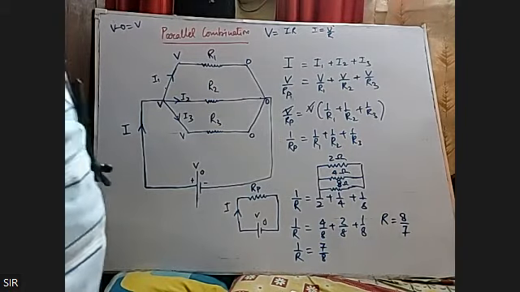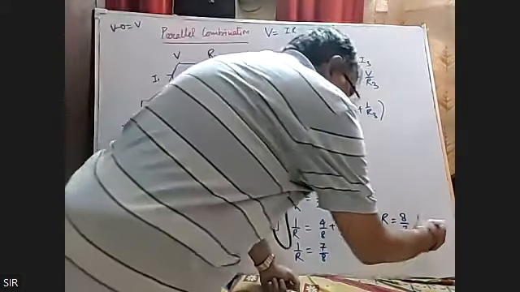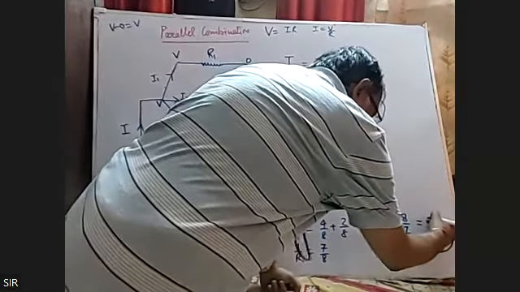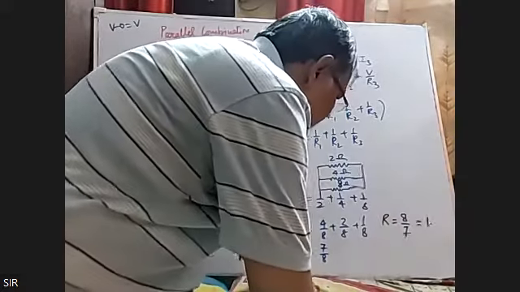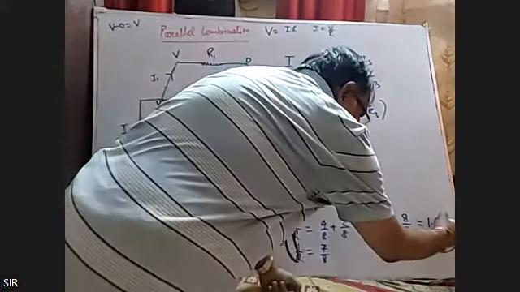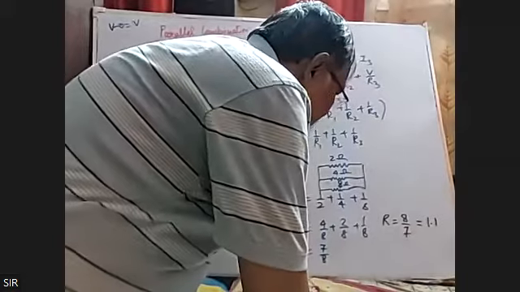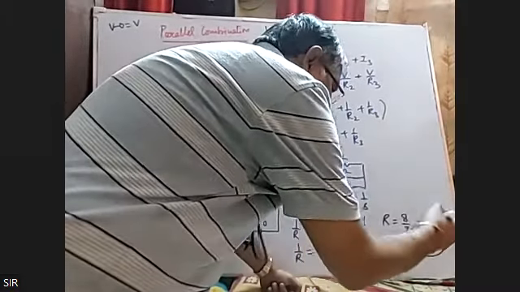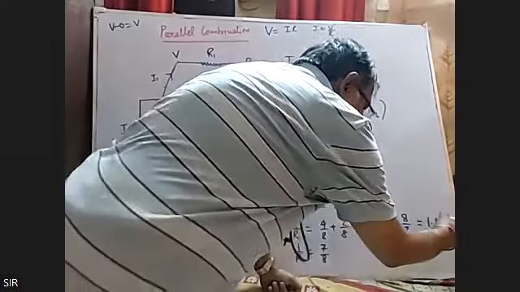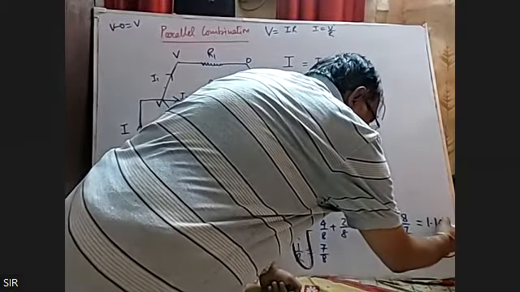What will be the value of 8 by 7? 7 ones are 7, 7 fours are 28.